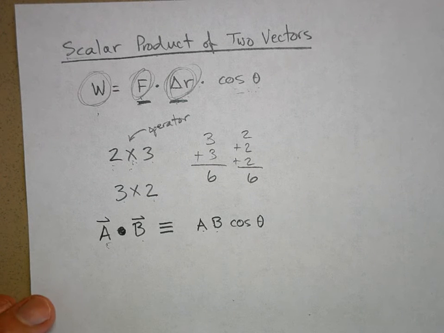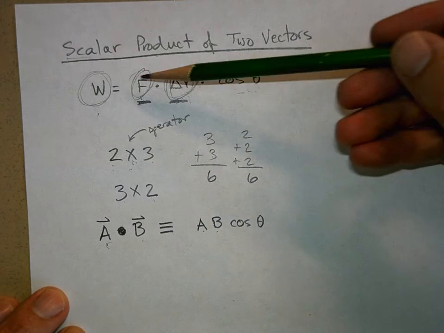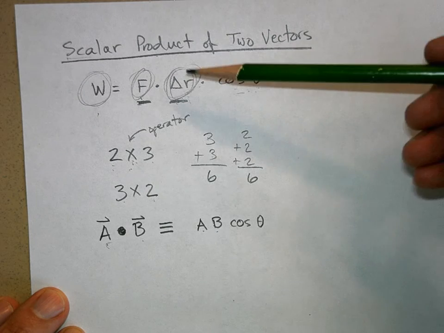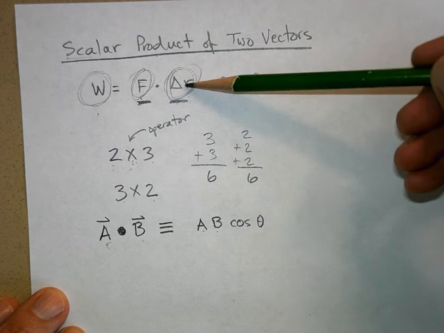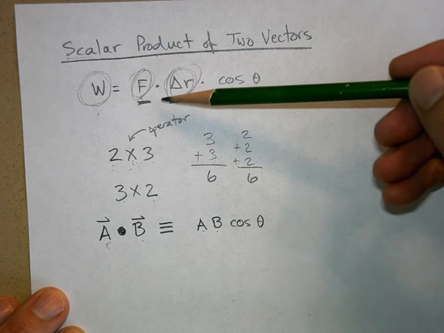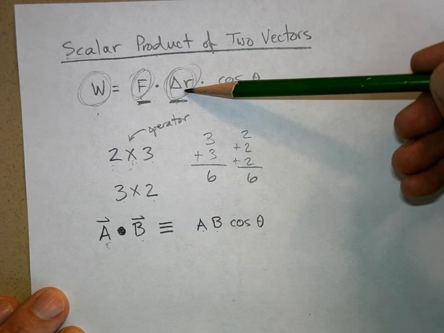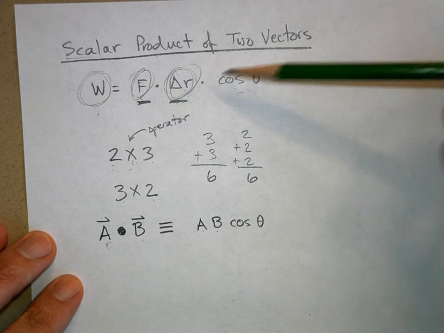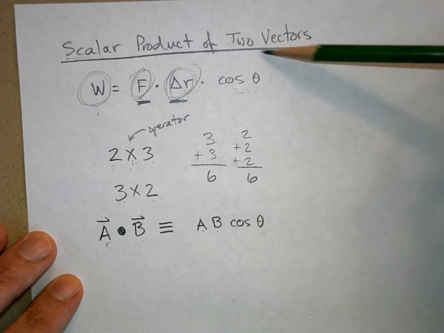Okay. And look, this is just what we did with work. We wanted how much force we are applying through a displacement. Only the component of the force that's in the same direction as the displacement is transferring any energy over. So that's why we multiply by cosine theta.